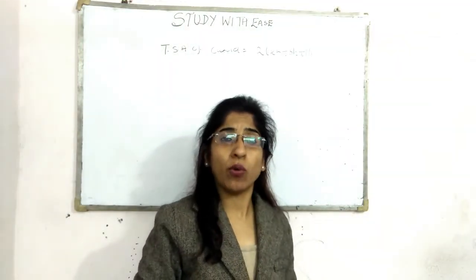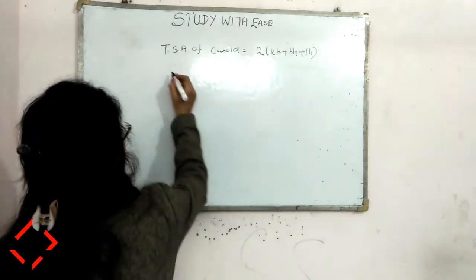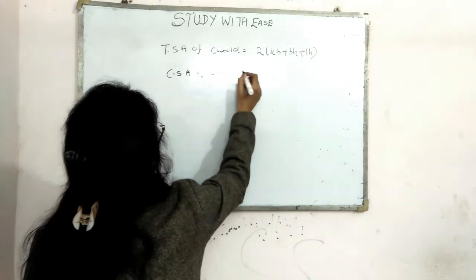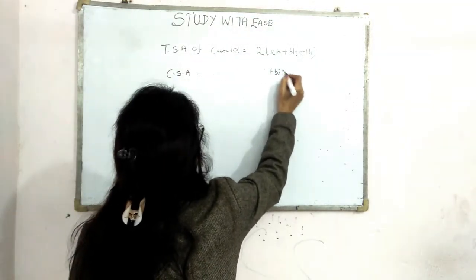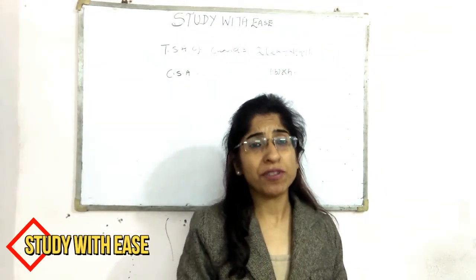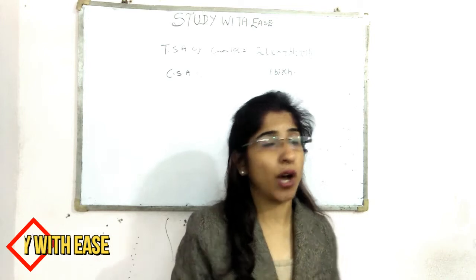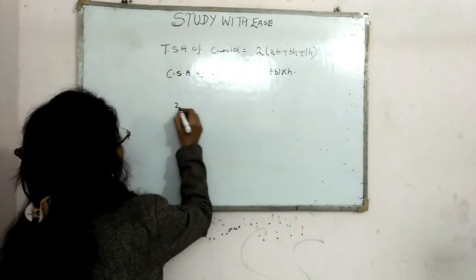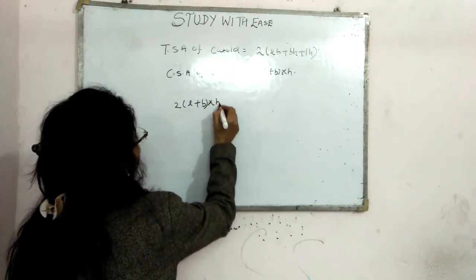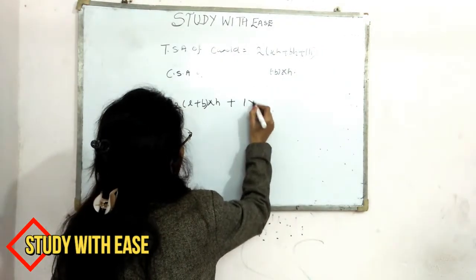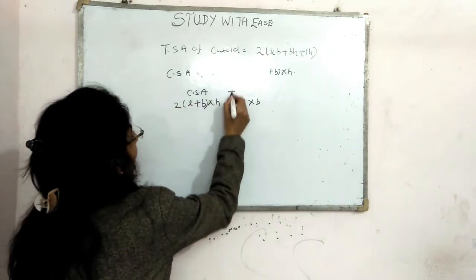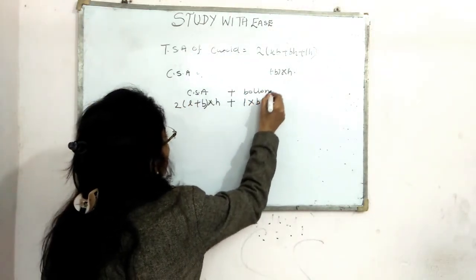If we want to find only the curved surface area, it will be 2 (L plus B) into H. And if we join the bottom surface to the curved surface area of the cuboid, then we will get 2 (L plus B) into H plus area of bottom surface. So, this is the curved surface area and this is the area of the bottom surface.